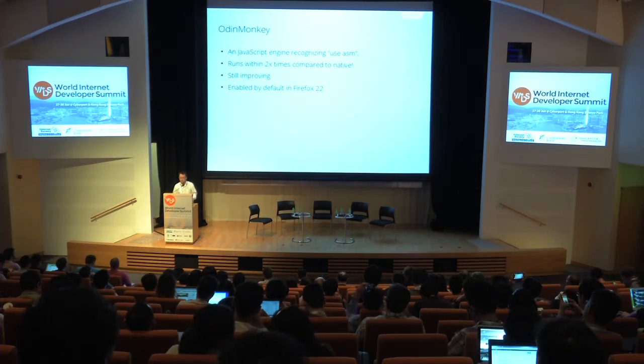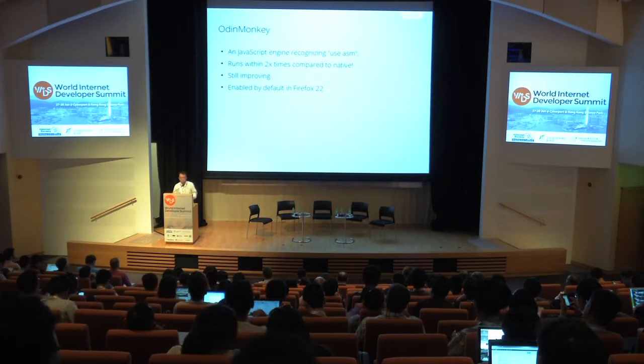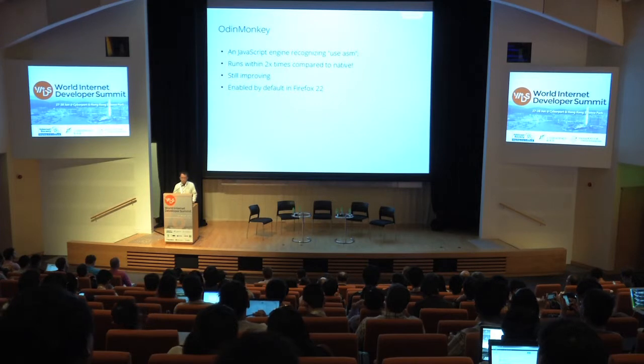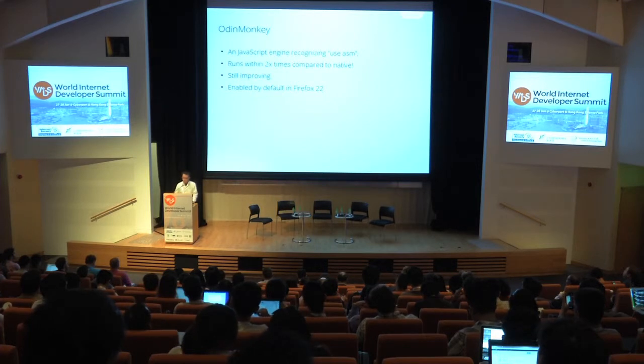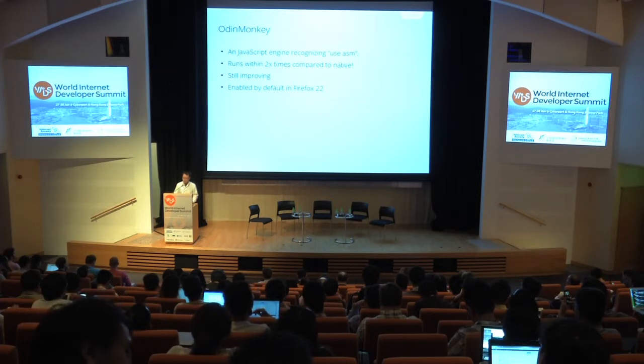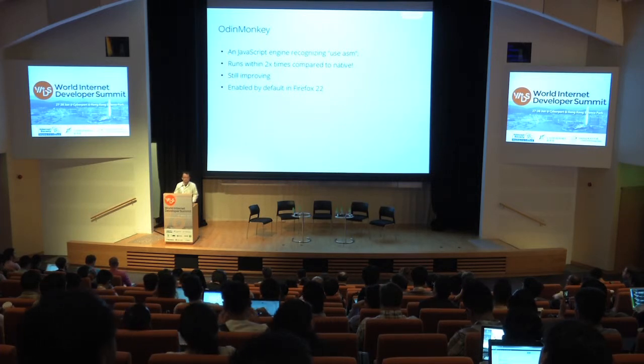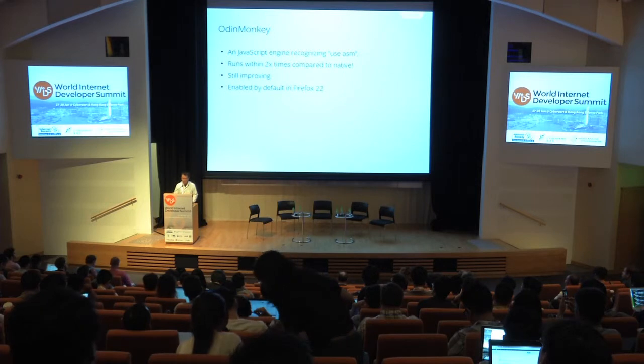This is quite feasible for most 3D games, which are GPU bound. Moreover, it was developed by only one engineer in one month. Now it's still improving and more engineers are getting involved. It has great potential. By the way, it's enabled by default in Firefox 22, which was released three days ago, I think.